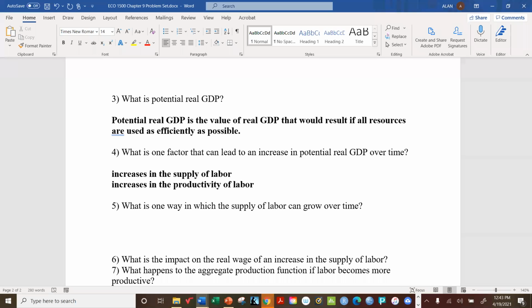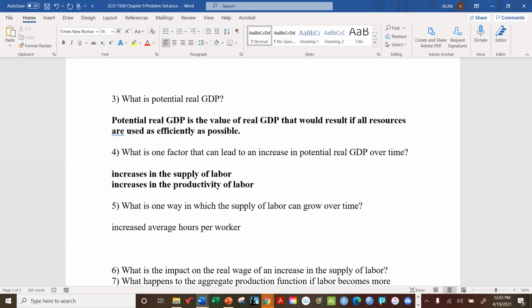So what contributes to an increase in the supply of labor then? Well, if each individual worker works more hours, that would do the job. You spend more time on the job. An increase in the employment to population ratio. In other words, a larger percentage of the population is working.